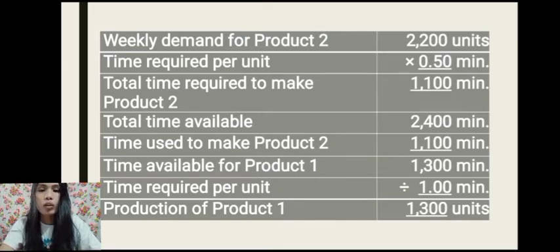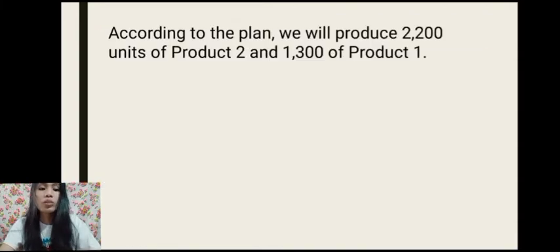Pero dahil may constraint at kailangang i-utilize yun while maximizing profit, and nakita naman natin na mas profitable yung product 2, so uunahin nating i-produce yung lahat ng demand ni product 2 na 2,200 units. Then yung matitirang time sa product 1 naman. So yan, according to the plan, we will produce 2,200 units of product 2 and 1,300 of product 1.